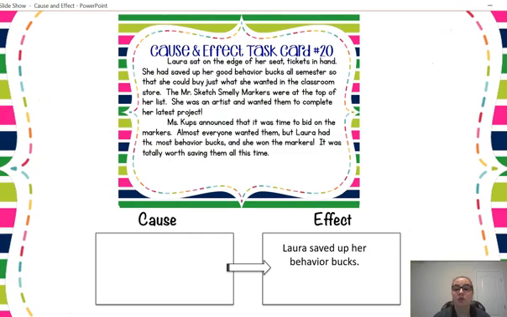Those words "so that" help us figure out that cause and effect relationship. So what made her save up her behavior bucks? Well, she wanted to buy those Mr. Sketch smelly markers.